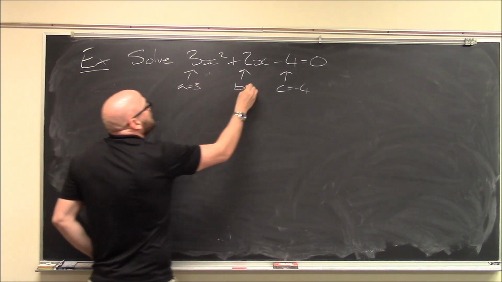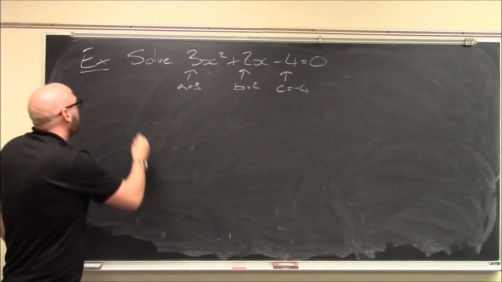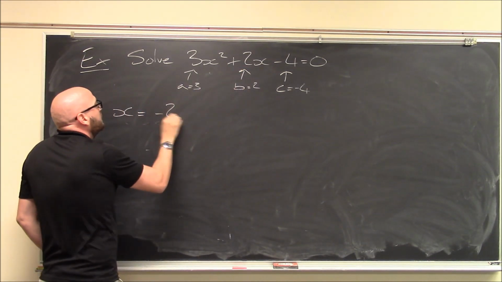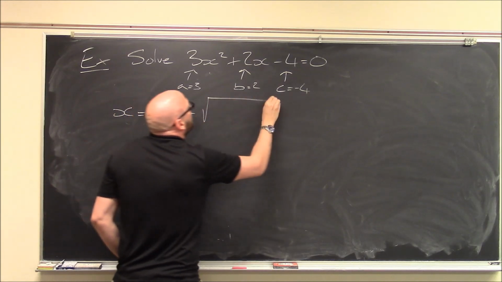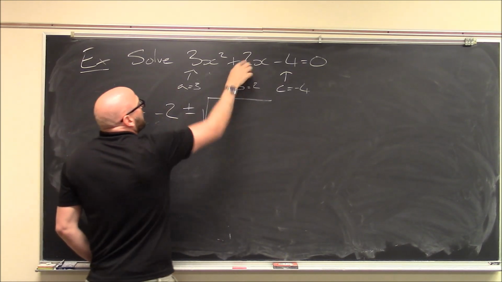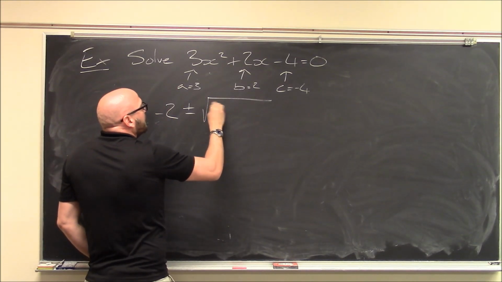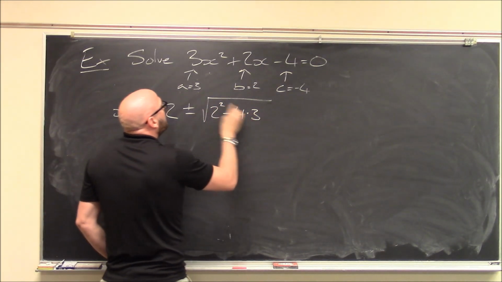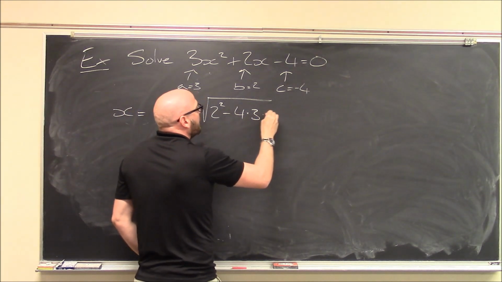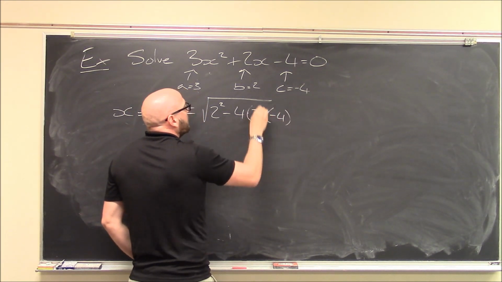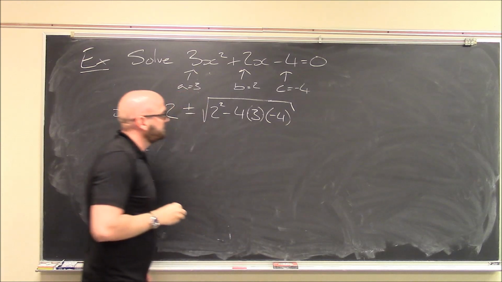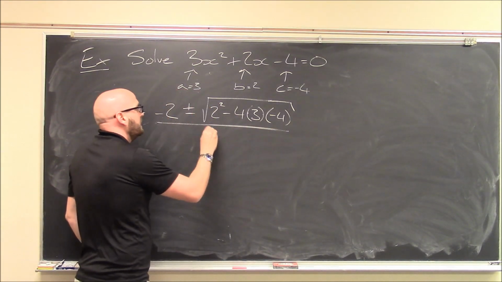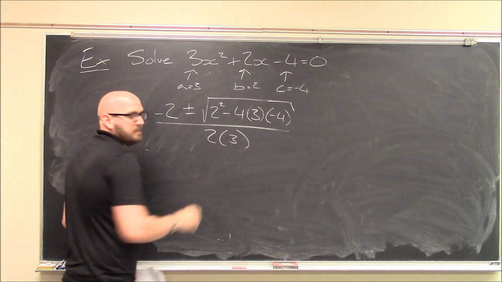And we'll go straight to the quadratic equation. x is minus b, so minus 2, plus or minus the square root of b squared, so 2 squared, minus 4 times a, 3, times c, minus 4. I'll put parentheses around all of those. And I'm forgetting something, all divided by 2a, 2 times 3.